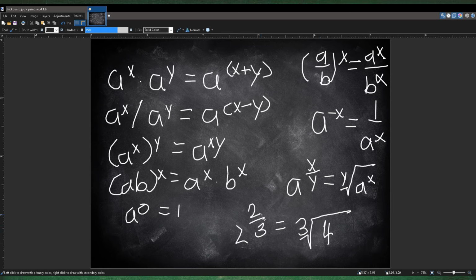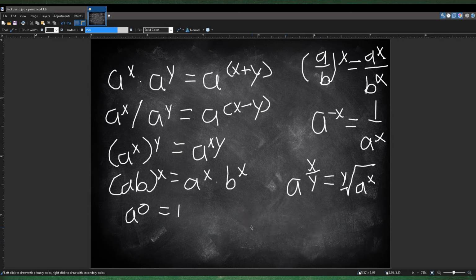So this thing is the same thing as this. And you could also reverse it. So you could also say this is equivalent to this. So the fifth root of 5 will equal 5 to the power of 1 over 5, since the exponent is 1 and the denominator is 5.